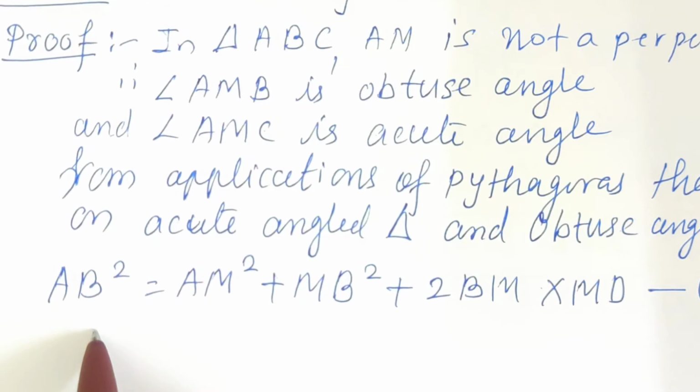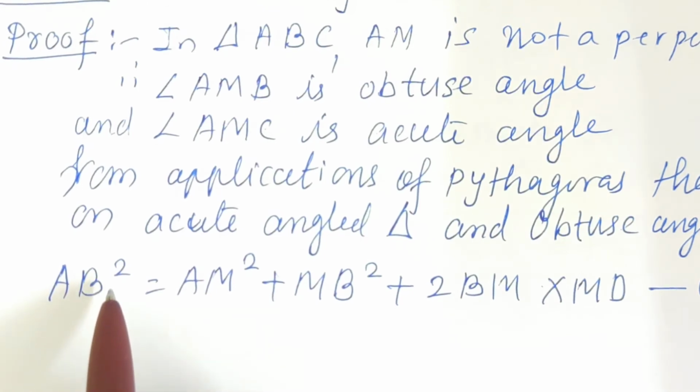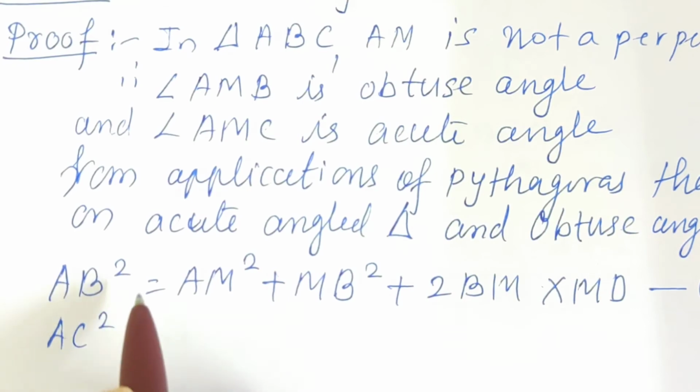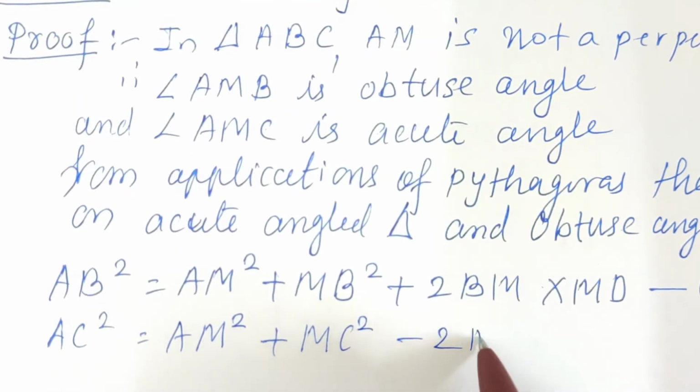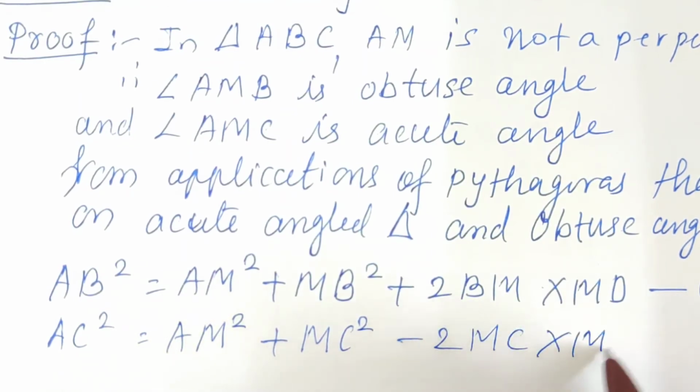So that we will write here. AC square is equal to AM square plus MC square minus 2MC multiply by MD. Now this is the second equation.